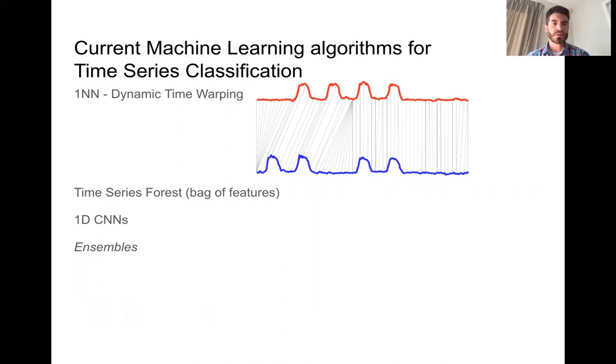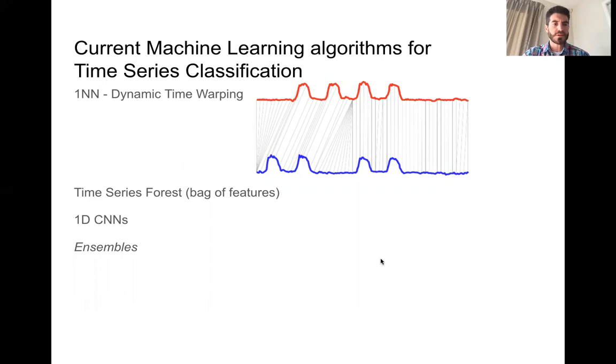Another approach is to take a signal and extract features from it, like the number of peaks within a given period of time, or the difference between the height of one peak and the valley between it and the next peak, or the amount of time spent at each of the peaks.